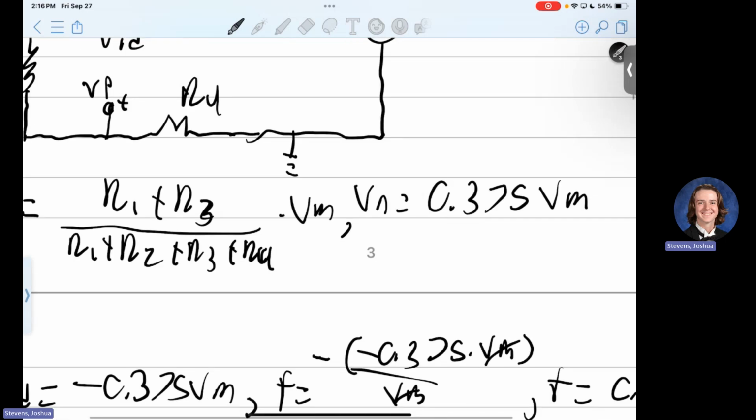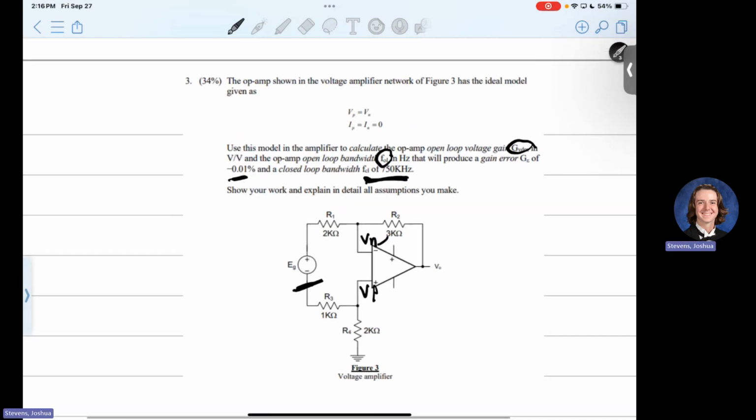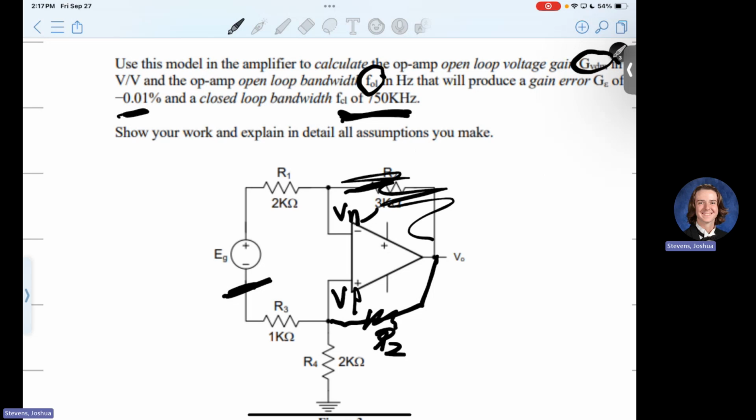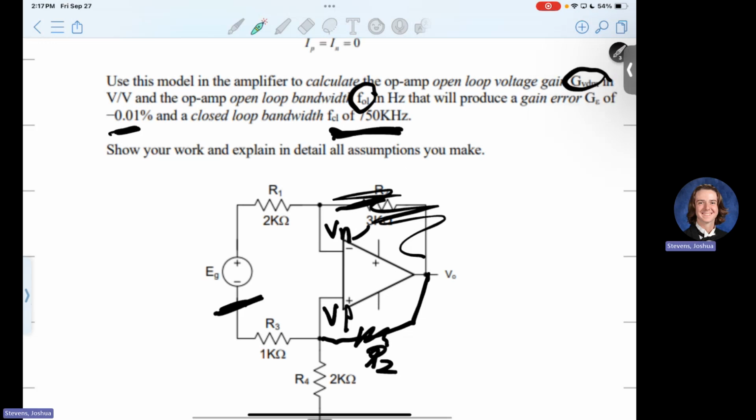If the feedback loop was connected down here to R2 instead, that would be the other configuration. Usually it's still the same topology, but the two signs are flipped, with the plus right here and the minus right there.